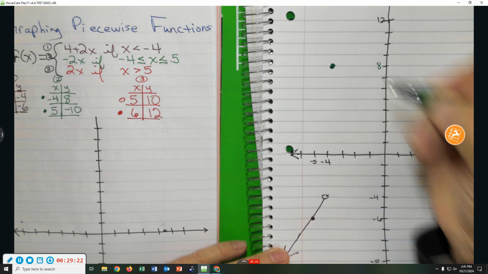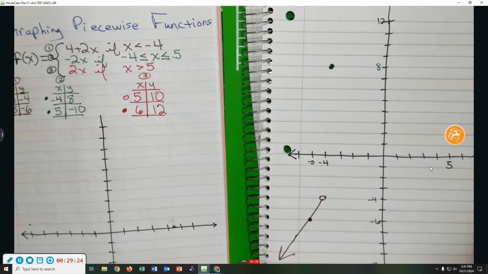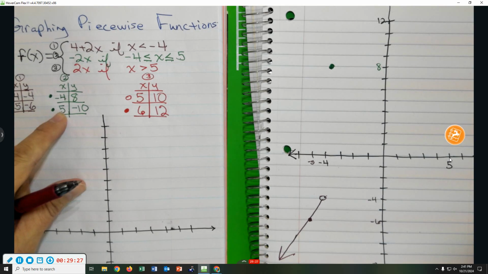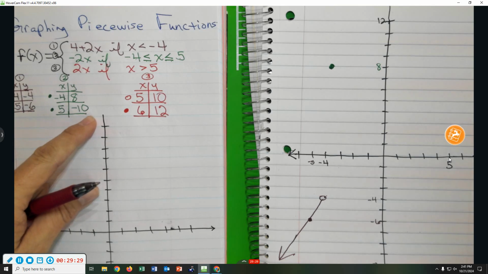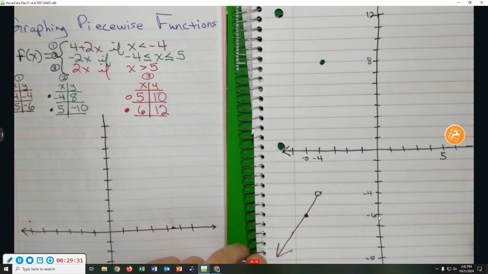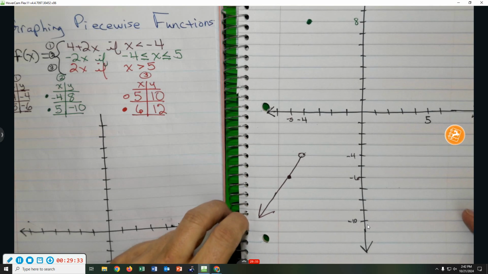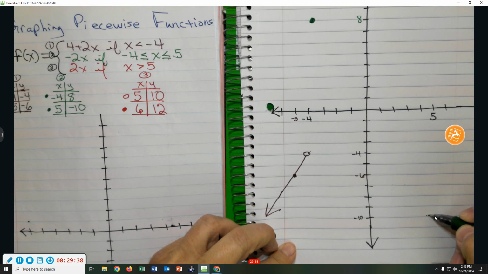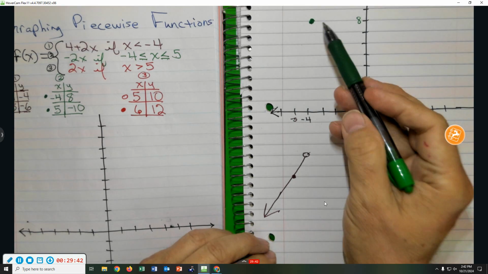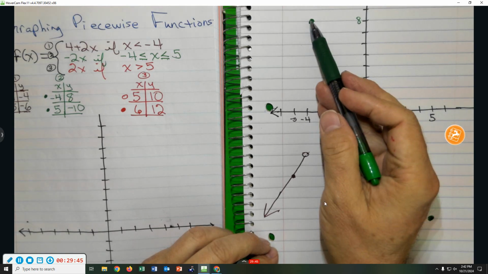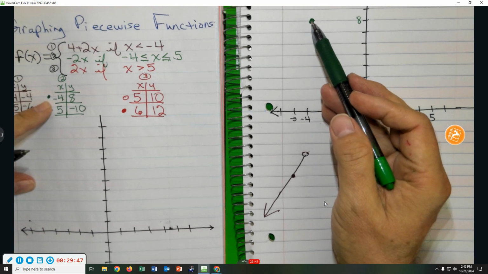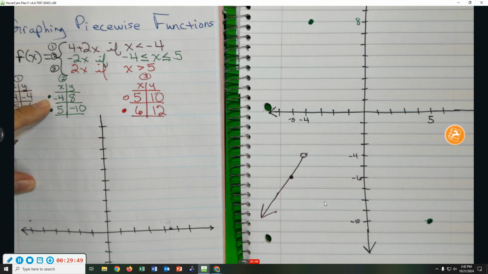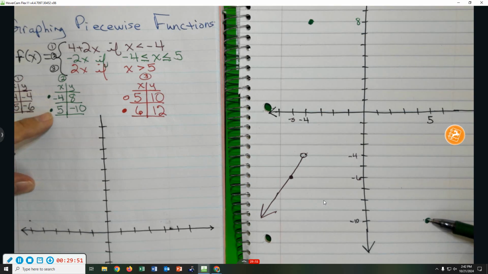We have a closed dot. At positive 5, we're down 10 units. We have another closed dot. This is the ordered pair -4, 8. That was the first point we got for the green piece. This is the point 5, -10. That's the second point.